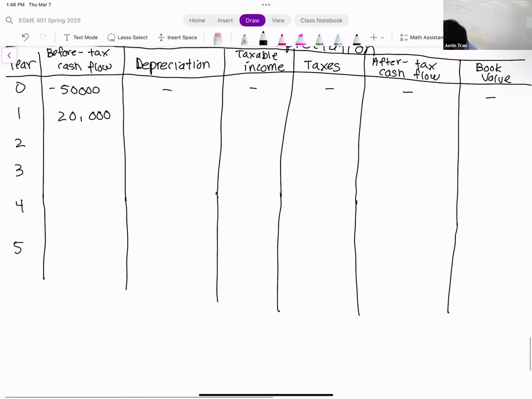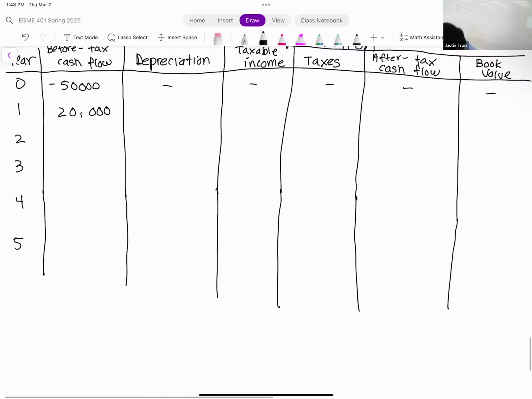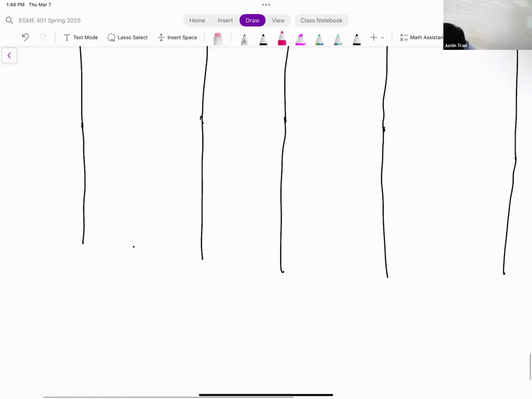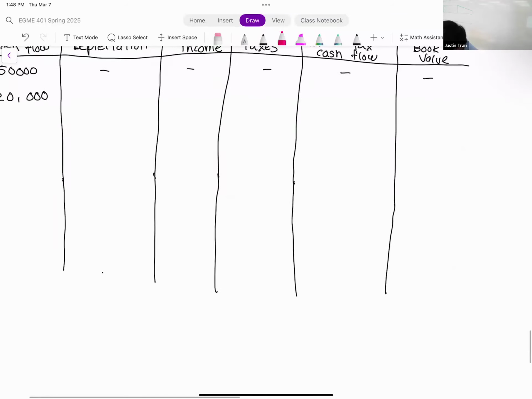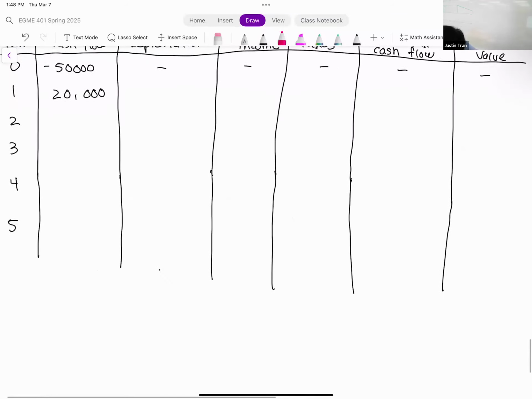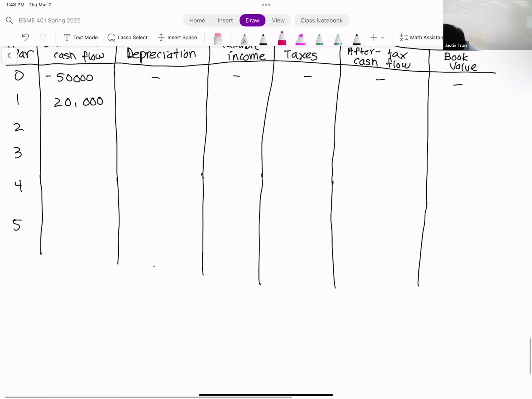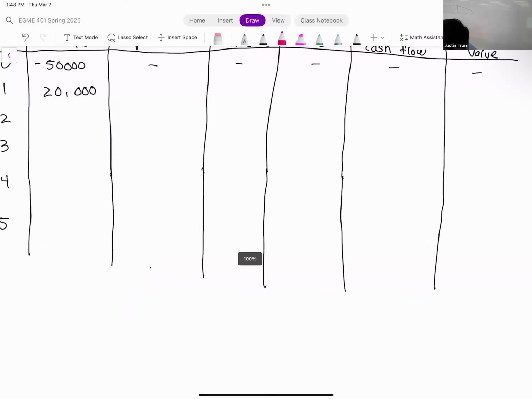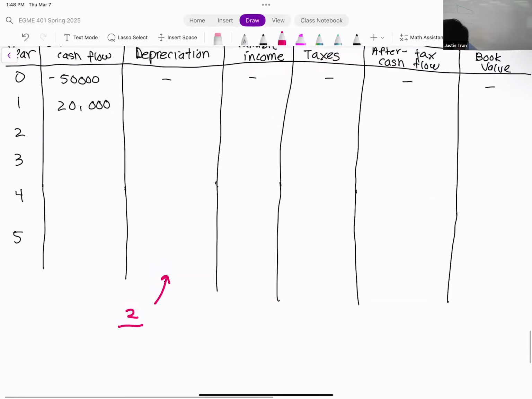So with declining balance depreciation, the way that we're computing this is we're going to take 2 divided by the number of time periods. So our number of time periods here is 5. So we're going to do 2 divided by 5 multiplied by the previous book value.